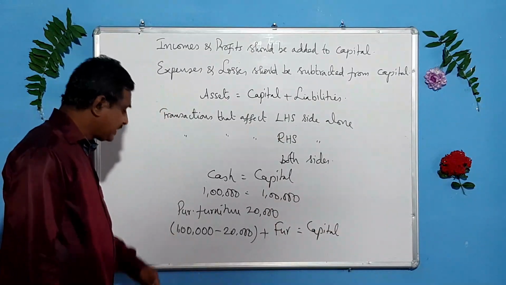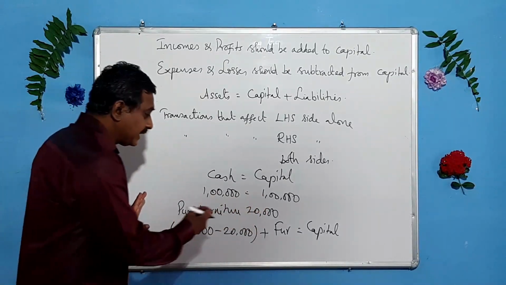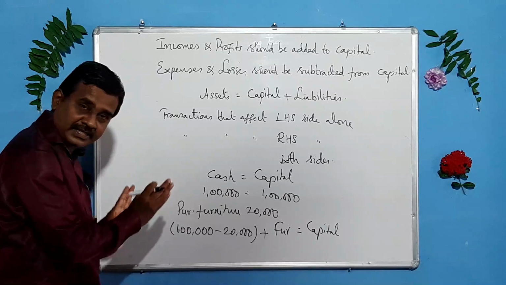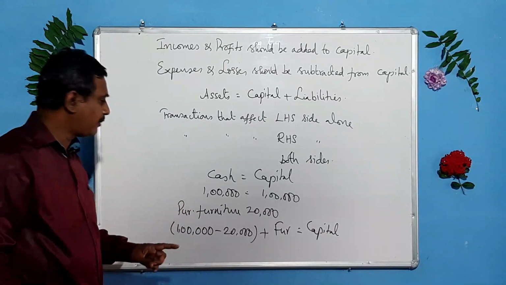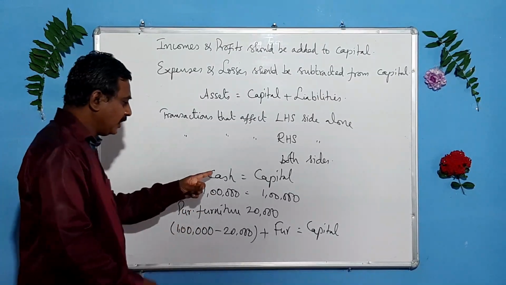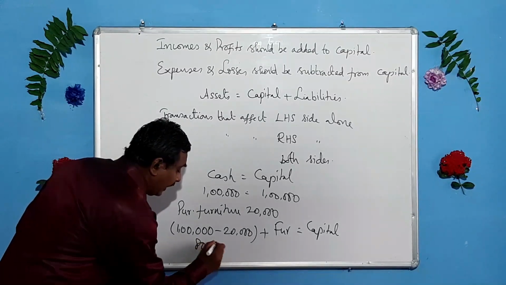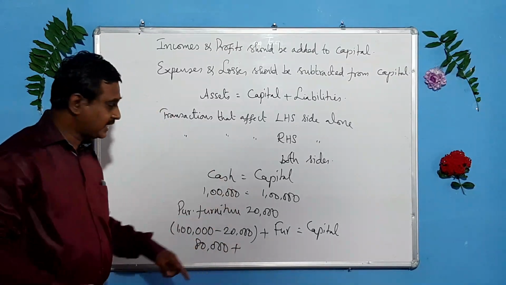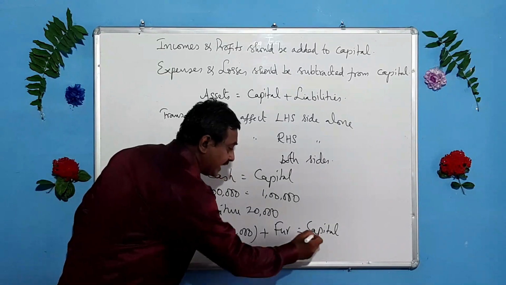So this transaction, that is purchase of furniture 20,000, has made a change in the left hand side alone. How does that change come? From the cash, we have taken 20,000 rupees, so the cash value comes to 80,000, and a new asset has come in, that is furniture 20,000, and there will not be any change in the capital.